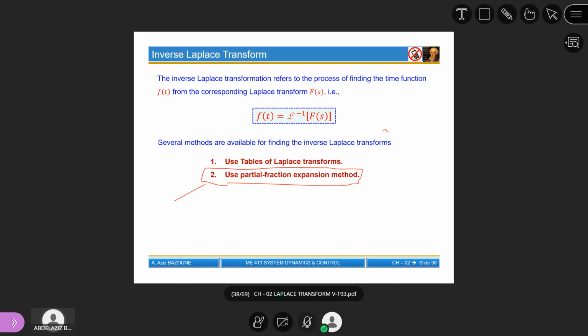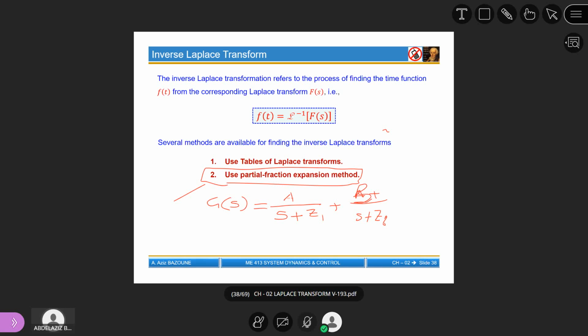For example, we can write an expression g of s equal to a over s plus z1, plus b over s plus z2. If we arrive at writing the expression in this form, the inverse Laplace transform is very easy.